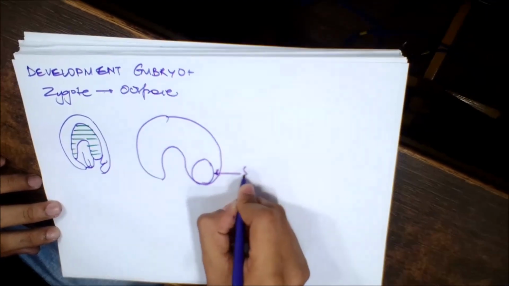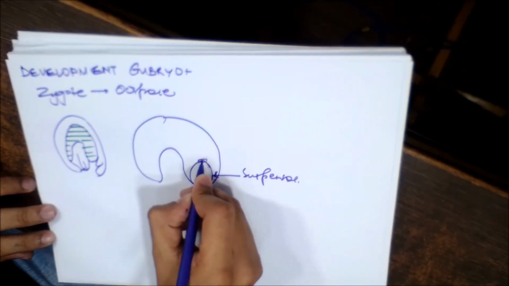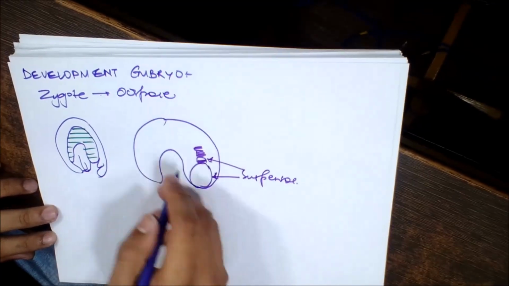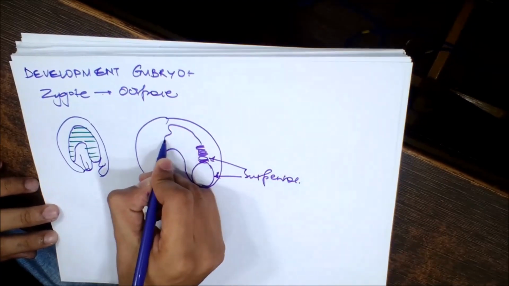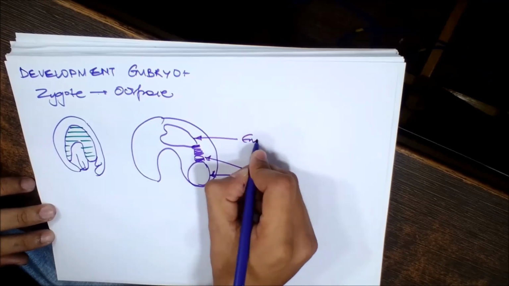This at a later stage develops to give rise to the suspensor above it, and the embryo is seen on the upper surface.